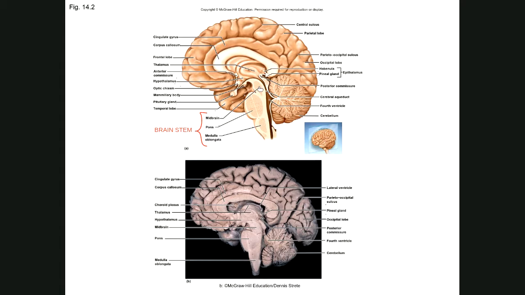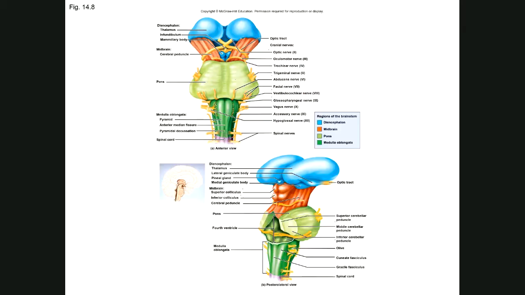The midbrain. Now let me see if I have another finer picture of the midbrain. And here we have the parts of the brainstem in color. Okay, you see right there it says midbrain.